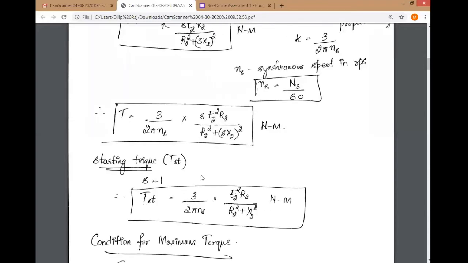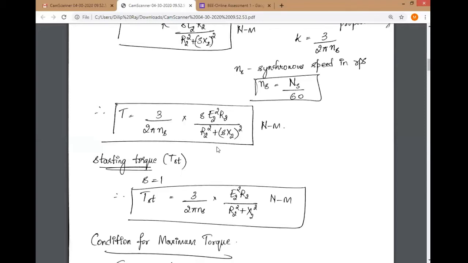So starting torque is K times, because s is 1, it is now E2 square R2 by R2 square plus X2 square. So this equation can be used to calculate the starting torque. Basically, the one equation which you have to remember is this general equation. By substituting the values with respect to the condition on the motor, we can obtain the corresponding torque equations. So this is the derivation for the torque equation of three-phase induction motor.